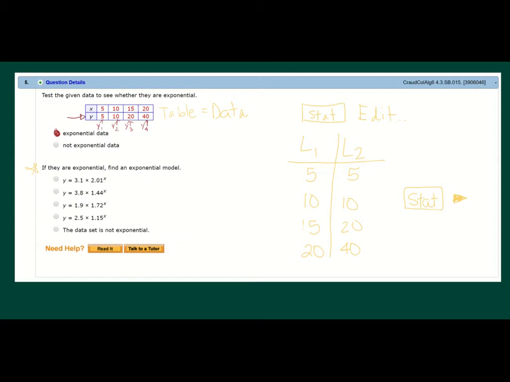We need to be in the Calculation menu. And you need to scroll down. So scroll until you see EXP REG. That's exponential regression. You give it data and it tells you the exponential function of best fit.